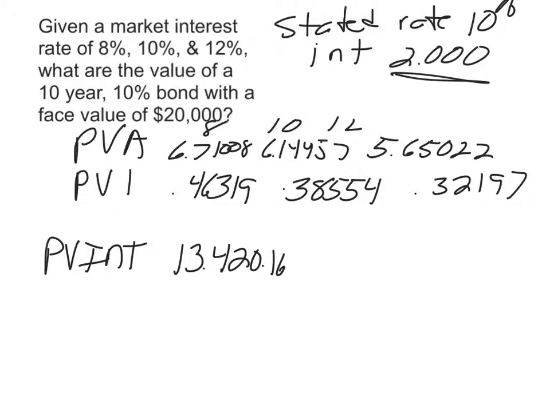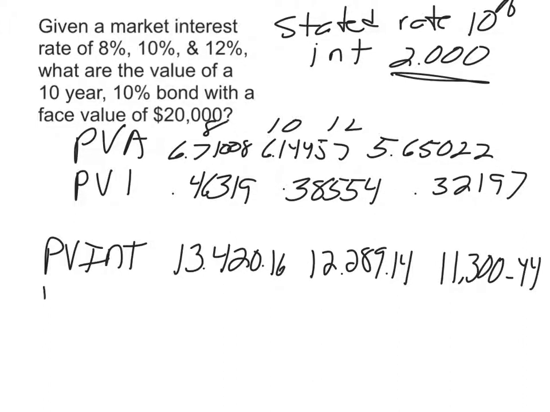For 10%, it's $12,289.14. And for 12%, it's $11,300.44.